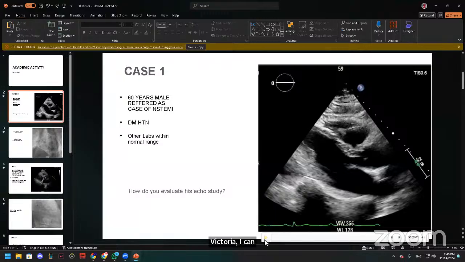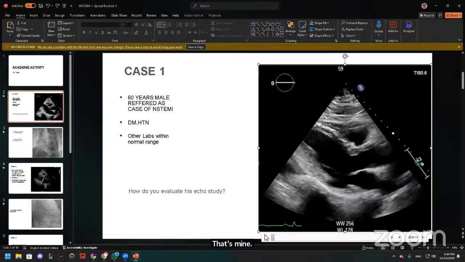Okay, doctor, in the long parasternal view, can you identify the valves that we usually see? Yes, this is the parasternal long axis.